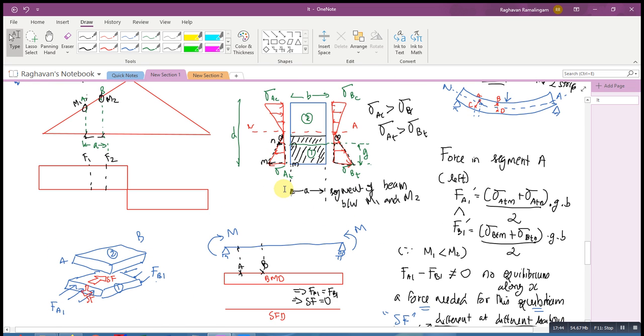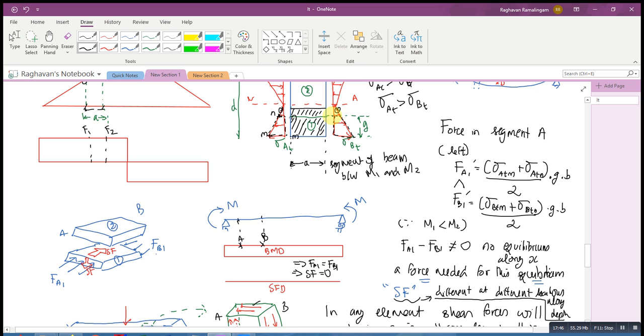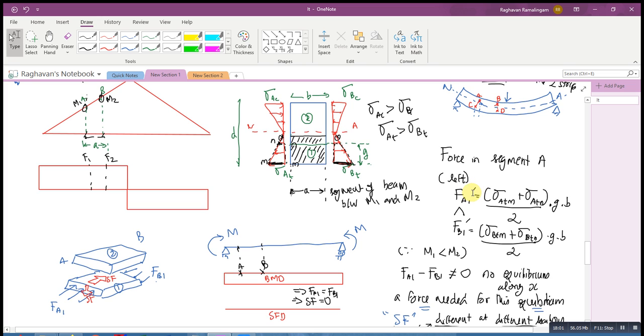Now another thing we can notice is, say that I want to find the shear force at this surface. Now, what is the value of Fa1? So Fa1 is sigma ATM plus sigma 18 by 2 plus G times B. And at the surface, G tends to 0, because it is right at this point.